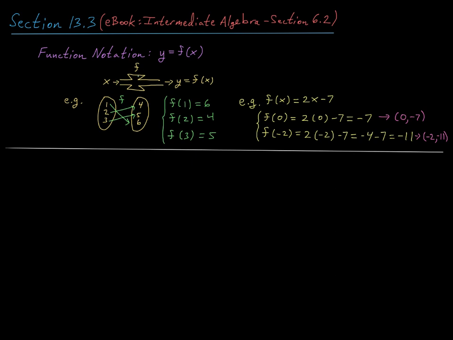So I'm going to feed the function, and we'll use the letter f for function, of course, to denote our particular function rule. So you feed this function some input x, it does something to that input, and it spits out this output y. And to highlight that y came from the input x via this function f, we write y equals f of x.